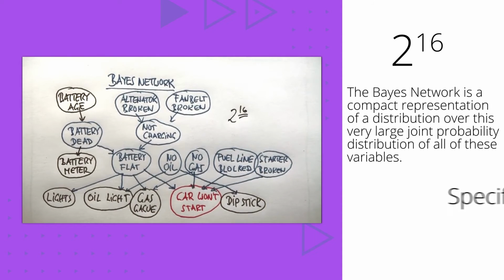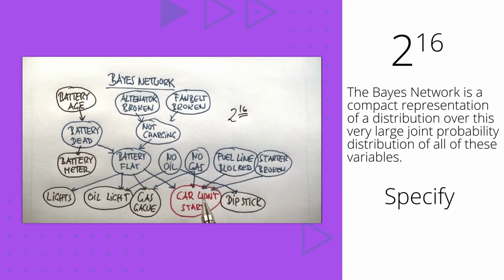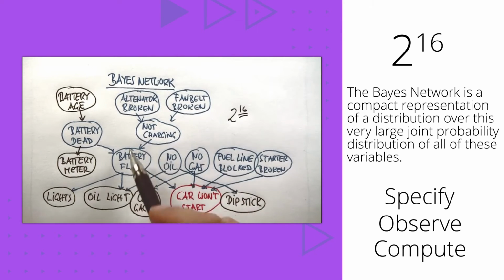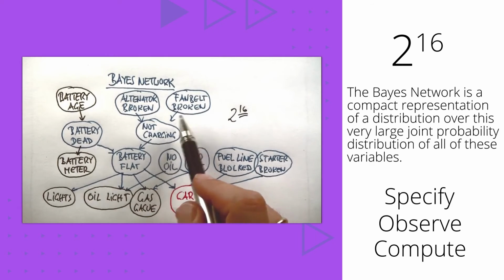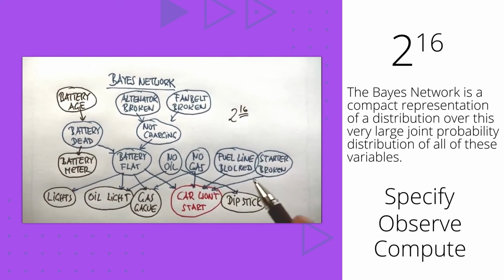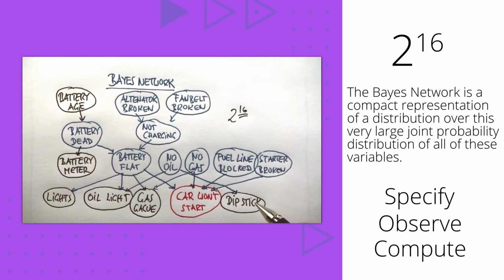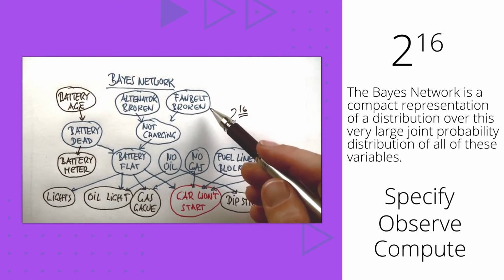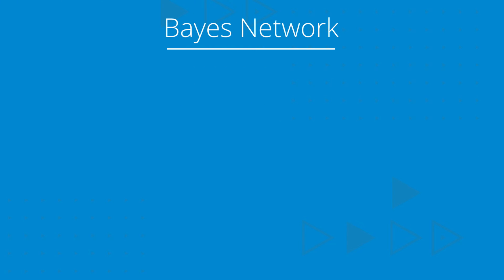Further, once we specify the Bayes network, we can observe, for example, the car won't start. You can observe things like the oil light and the lights in the battery meter, and then compute probabilities of hypotheses like the alternator is broken, or the fan belt is broken, or the battery is dead. So in this class, you're going to talk about how to construct these Bayes networks, what the semantics are, and how to reason in this Bayes network to find out about variables you can't observe, like whether the fan belt is broken or not. That's an overview.